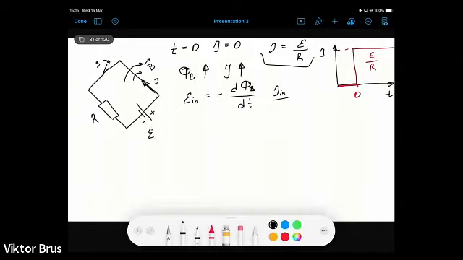So obviously there will be some opposition to the process of increasing current I when we turn on the switch.